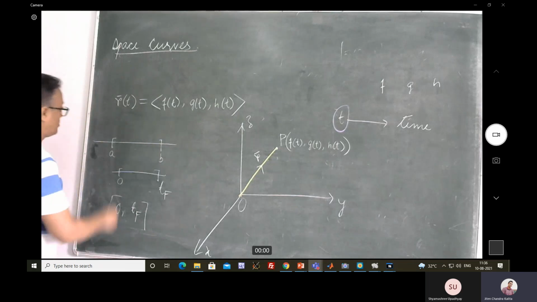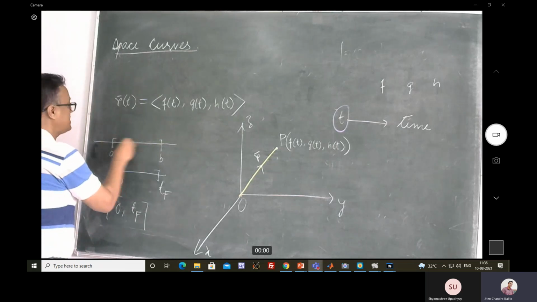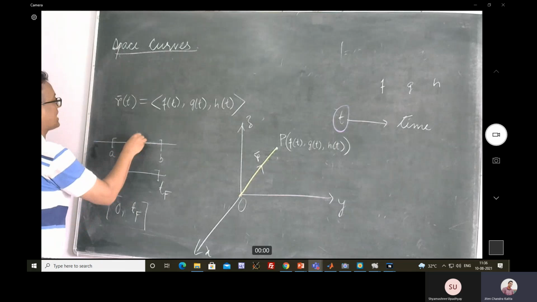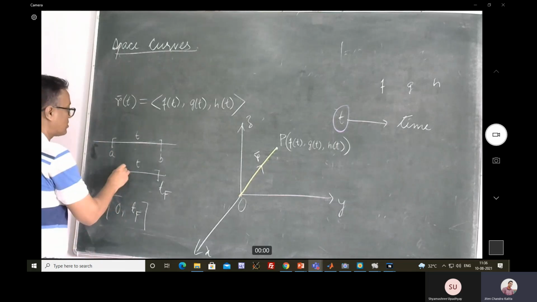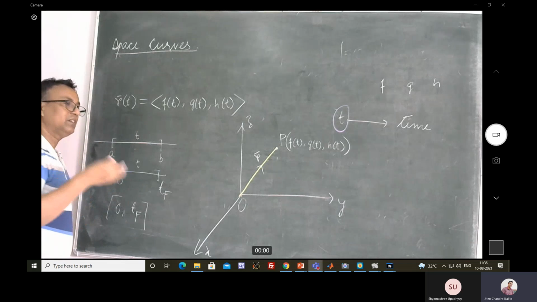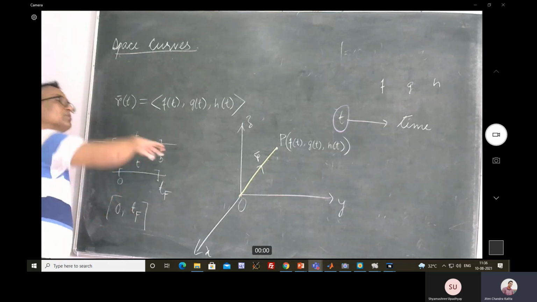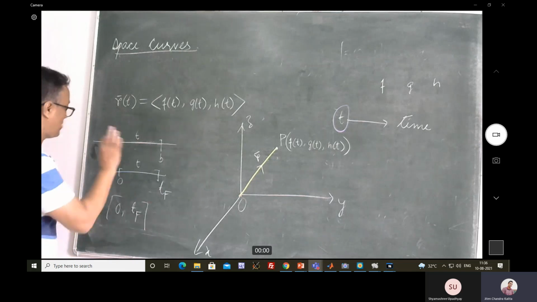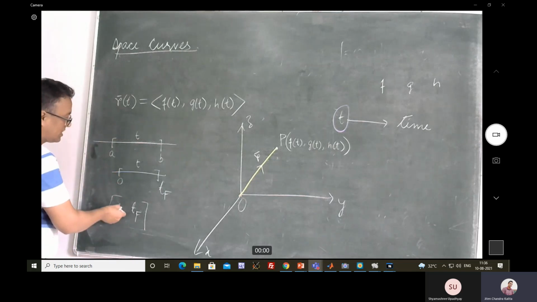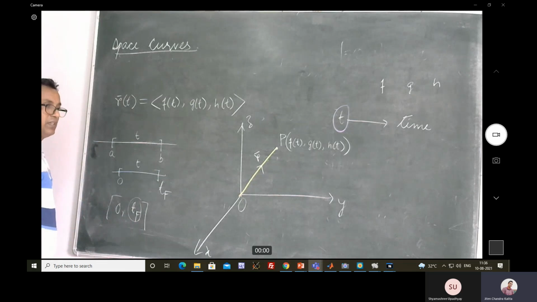Why is it so? Because if t denotes time, then I am going to consider something happening from time t equal to 0 to some subsequent time, isn't it? So generally it is taken as 0 and some positive number, the upper limit.